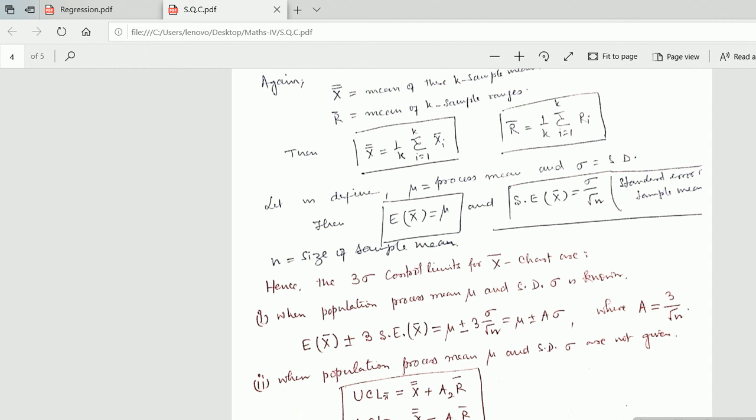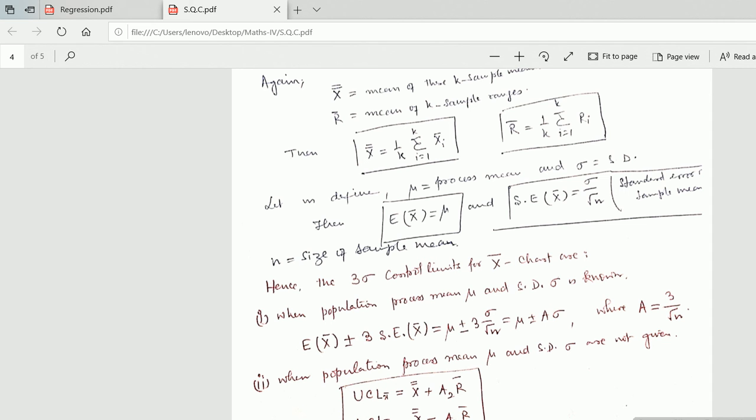Hence the 3 sigma control limits for X bar chart are: first, when the population process mean mu and standard deviation sigma are known, E of X bar plus minus 3 S.E. of X bar is equal to mu plus minus 3 sigma by under root n, which is equal to mu plus minus A sigma, where A is 3 by under root n.